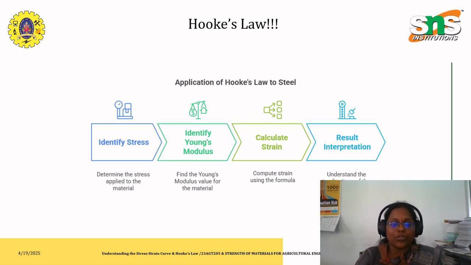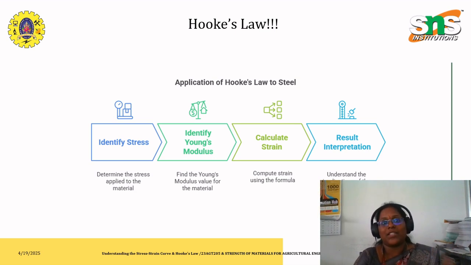Okay, we all know that Hooke's law relates your stress and strain, that is, stress equals Young's modulus times strain. So with this relation we can identify the behavioral component of your steel material or any material which has been placed under a load.